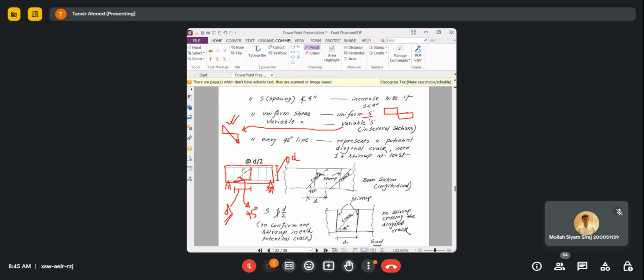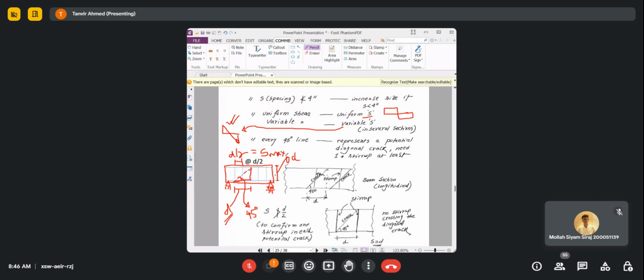So that's why you need to provide a spacing of d by 2. The maximum spacing that you can provide is d by 2 to hold the crack from being opened up. So this is a requirement that you should follow, that the maximum spacing is d by 2.